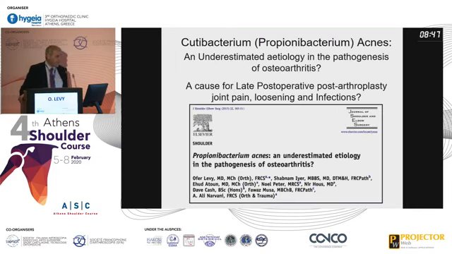And this is our famous study that we did many years ago, where we found about 42% of P. acnes in the joint in virgin shoulders with arthritis coming for shoulder replacement.